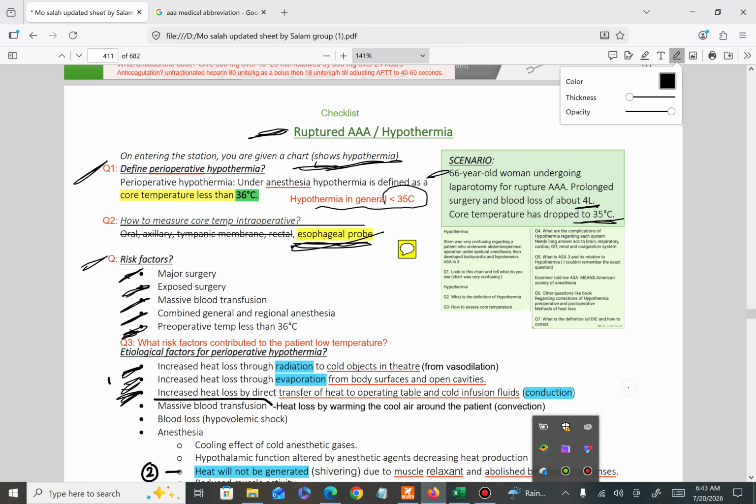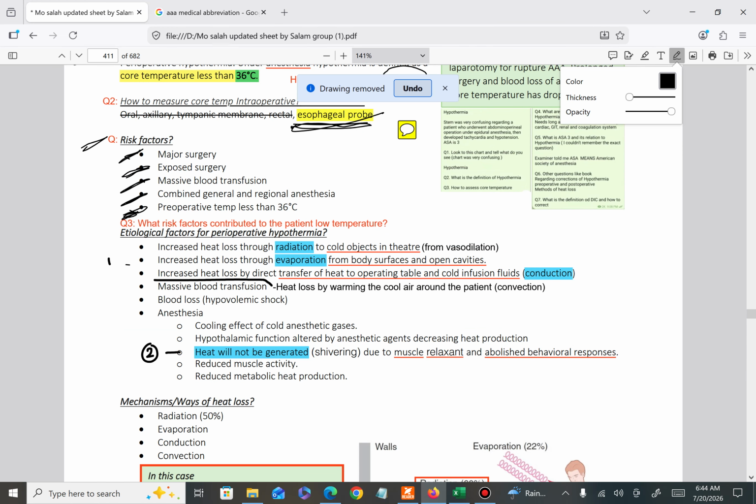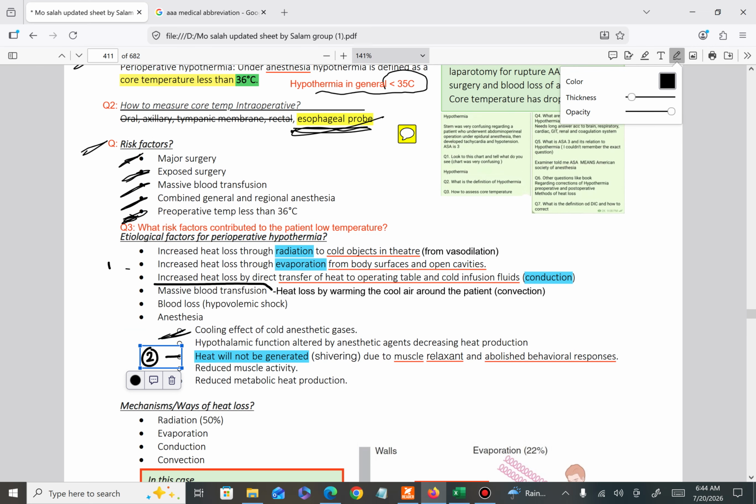Okay, then other causes can be massive blood transfusion. Heat loss by warming the cool air around the patient is convection. Then blood loss like hypovolemic shock, and anesthesia. Anesthesia can lead to hypothermia by the cooling effect of cold anesthetic gas, and hypothalamic function altered by anesthetic agents.